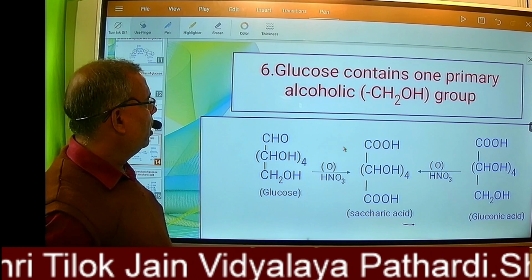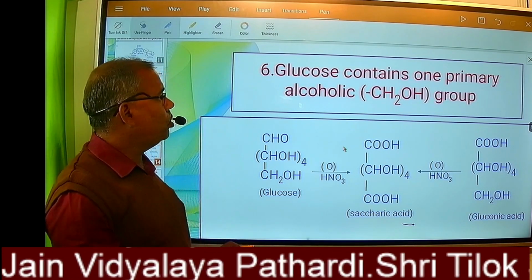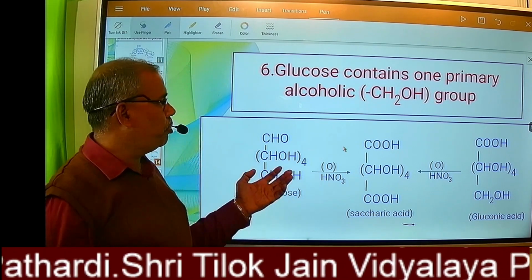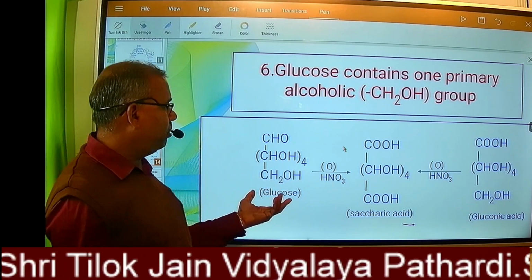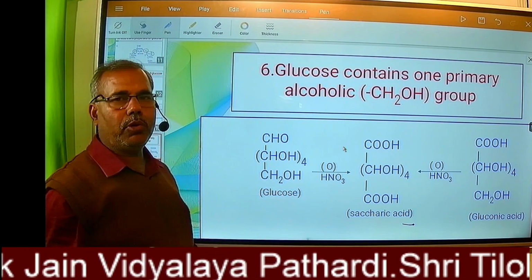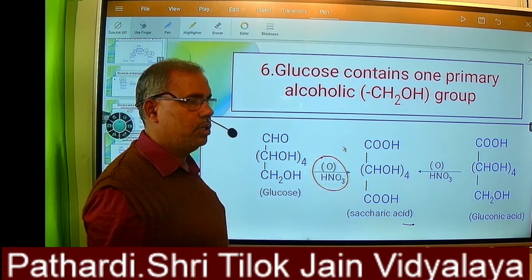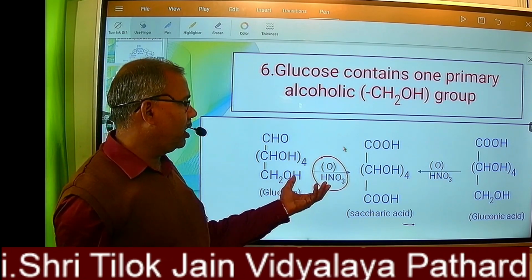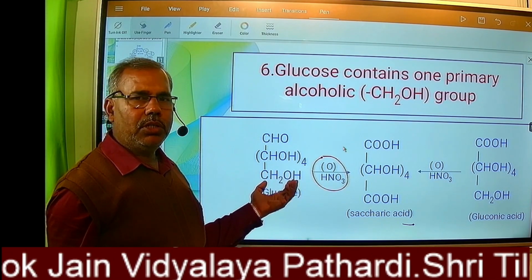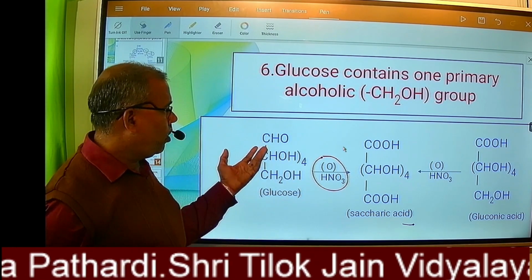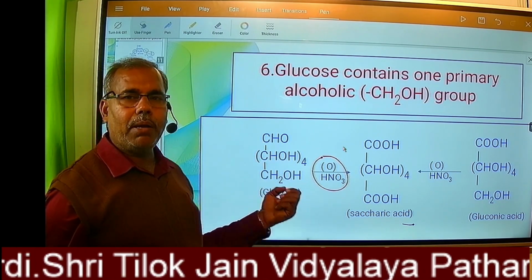Then next, number 6: glucose contains 1 primary alcoholic group. This is proved with the help of the reaction in which glucose was treated with a strong oxidizing agent, that is concentrated nitric acid, HNO3. This strong oxidizing agent oxidizes the formyl group as well as the primary alcoholic group.